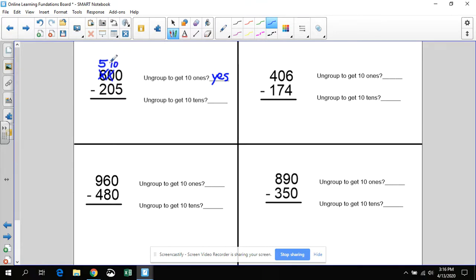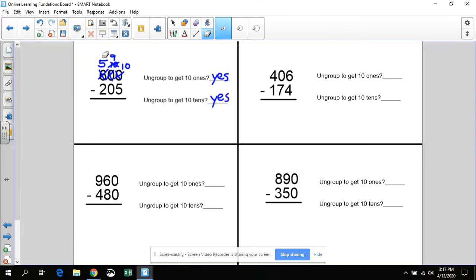But then I need to cross out this 10 and make it a 9 to make this a 10. So I had to ungroup a 10 to make 10 ones. And in order to get that 10, I had to ungroup 100 to get 10 tens. So the answer to both is yes.